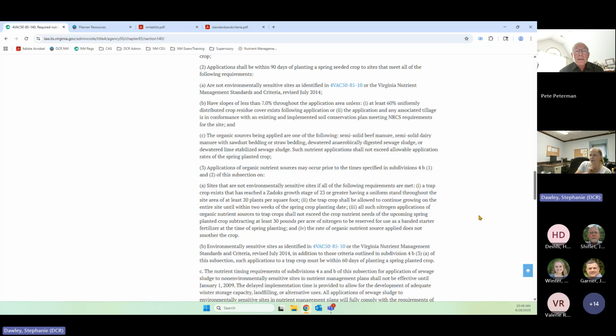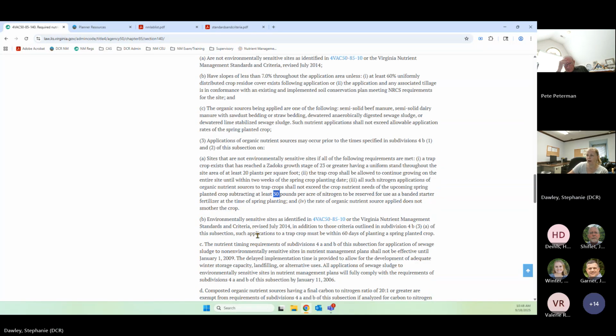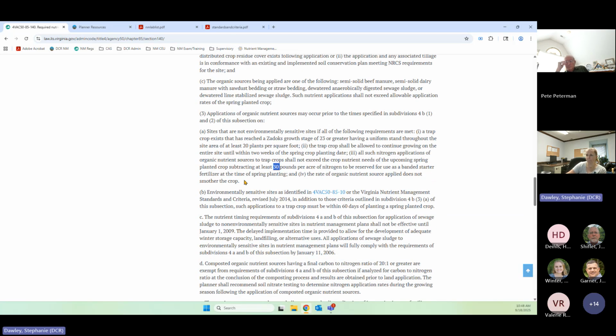And then all nitrogen applications of organic nutrient sources to the trap crop, I'll say that twice, shall not exceed what the crop needs. And also in the fall, when you go to put that down, it has to be less than 30 pounds of nitrogen coming from that manure source. So when you do your manure analysis, you want to make sure that it's not more than 30 pounds going on that initial application.